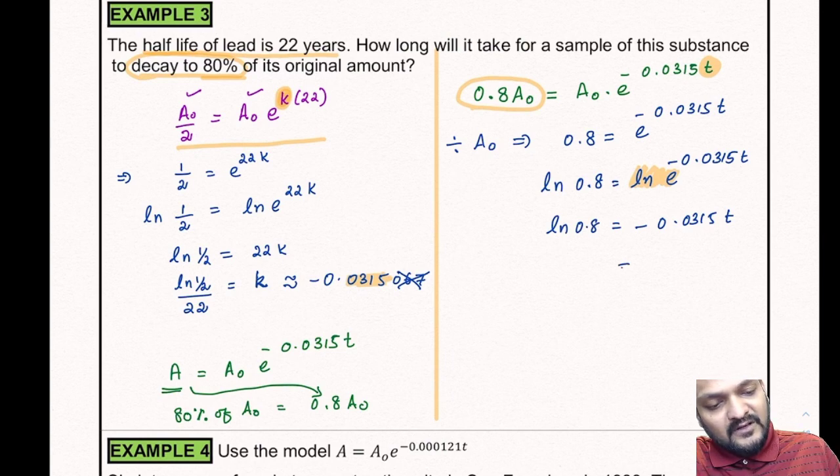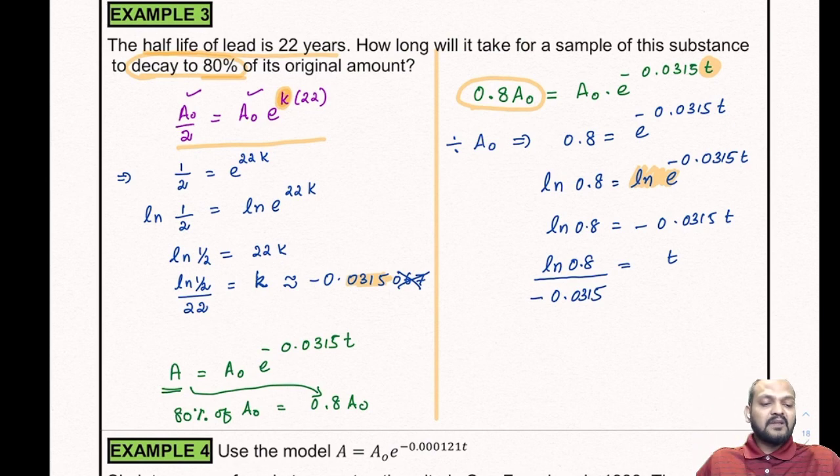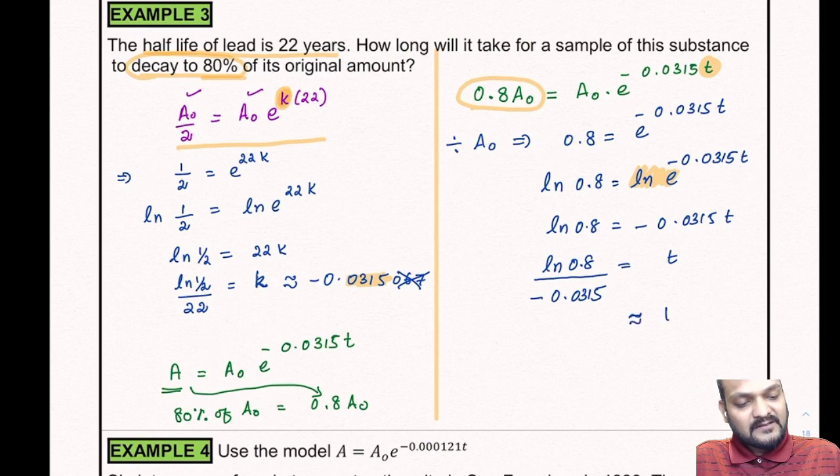Therefore, if I solve this for t, it is ln of 0.8 divided by the coefficient of t on the other side, which is negative 0.0315. If you plug this into a calculator, you're going to get approximately t as the following.